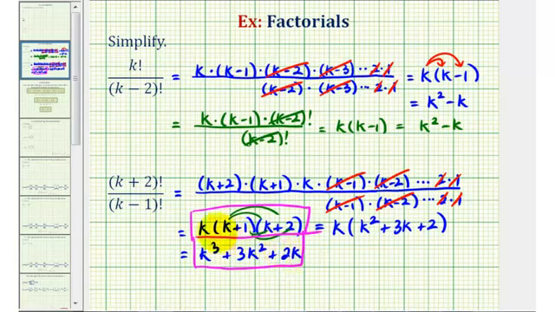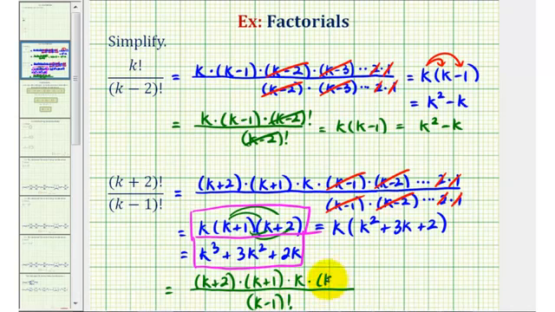I also want to show this another way. Again, if we recognize that we have k minus 1 factorial in the denominator, as we begin to expand the numerator, we'd have a factor of k plus 2 times a factor of k plus 1 times a factor of k times the next factor would be k minus 1. Therefore, we can write this as k minus 1 factorial.